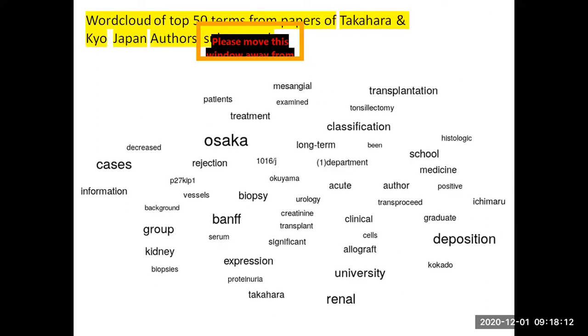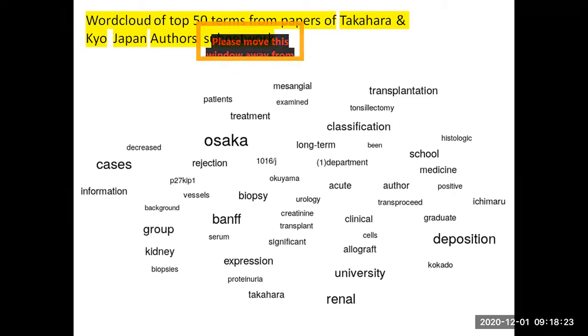Now, within the Japan network, we saw another network, which was a smaller collaboration between Takahara and Kyo. And their research is from Osaka, so that's coming as the dominant part here. You can also see the words Banff and transplantation. Here you can see deposition is coming a little prominent, more than rejection.